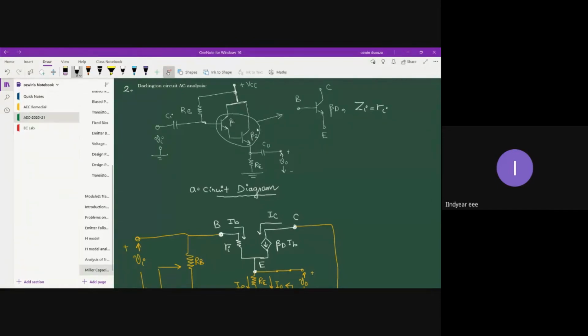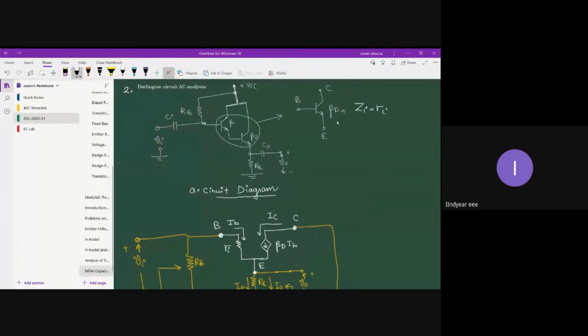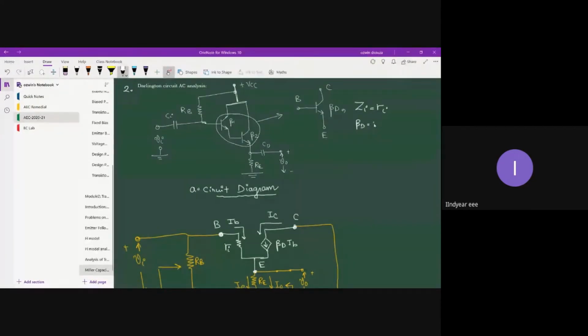So for our analysis, we will consider these two transistors as a single transistor with an overall gain beta D. Okay, and that overall gain beta D, we can define as beta 1 into beta 2, which is approximately beta square, provided beta 1 and beta 2 are very close to each other or identical. So the overall current gain is beta square.